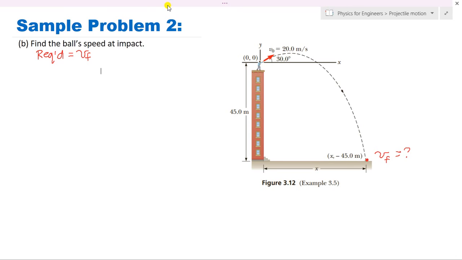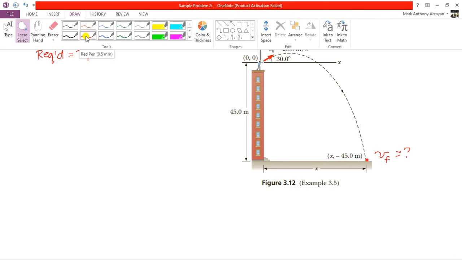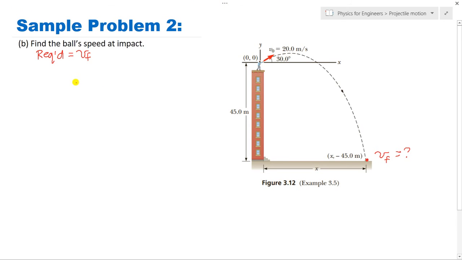We just use the third kinematic equation: Vfy squared is equal to Voy squared minus 2g delta y. Class, don't worry, if you use what I wrote earlier you still arrive at the same answer. Here we have no worries about our variables because delta y is given. This is equal to -45 with respect to our initial position.